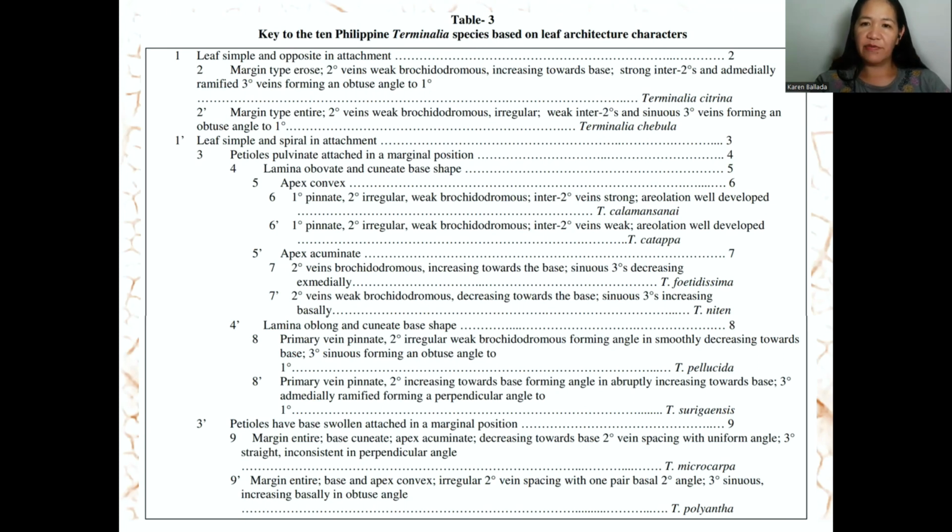This time, of course, the character states that you are mentioning here are more of the leaf architecture characters. So again, this would help a lot in the proper identification of plants that are quite taxonomically confusing without their reproductive structures. So you have here examples of dichotomous key.